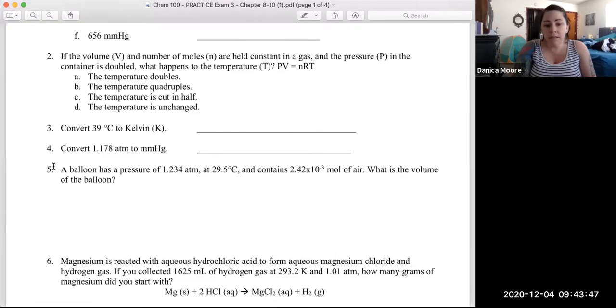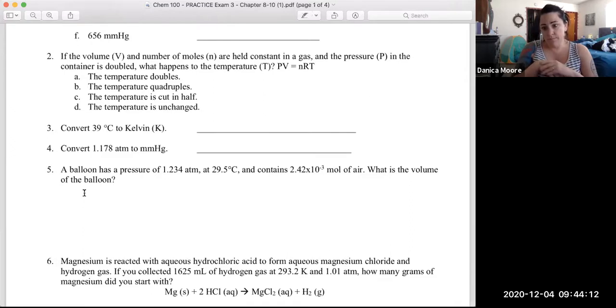So looking at this problem, what kind of problem is this? First of all, we have three basic types of equations: gas, molarity, and stoichiometry, and a mixture of the three. So is this one of those three?